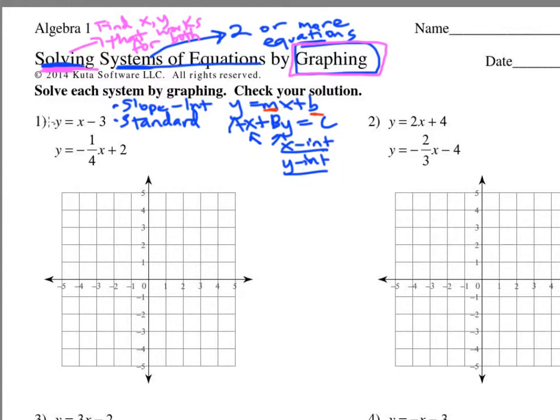So first off, let's take a look at what are these guys. And it could be one of each. But look here, y is by itself. That is slope-intercept. And again, y is by itself. So it looks like they are both y equals mx plus b. It looks like they are both slope-intercept forms. So the strategy, we are not going to find the x-intercepts and the y-intercepts.